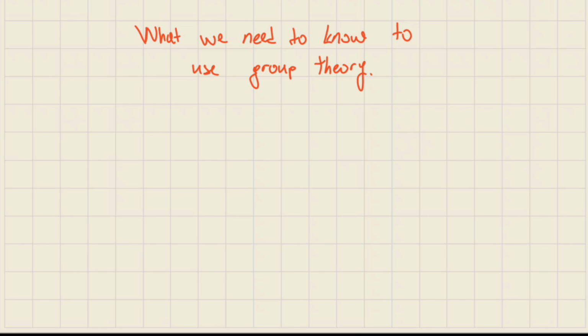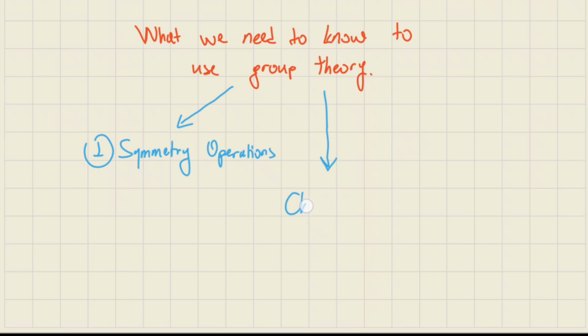What do we need to know to use group theory? Simply, we need three things. The first one is symmetry operations. The second thing is character tables.